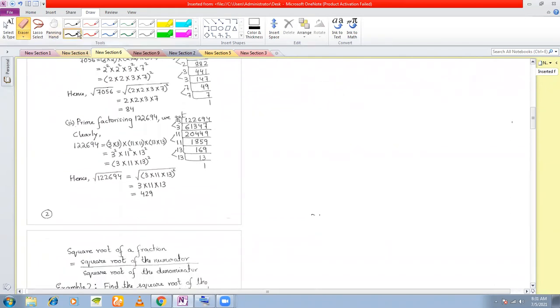Next is a number which is 122694. It's a 6-digit number, but an even number. So we start prime factorizing with 2. Next, you add up the digits here, 61347, and check whether it is divisible by 3. It is divisible by 3, so we'll divide by 3.